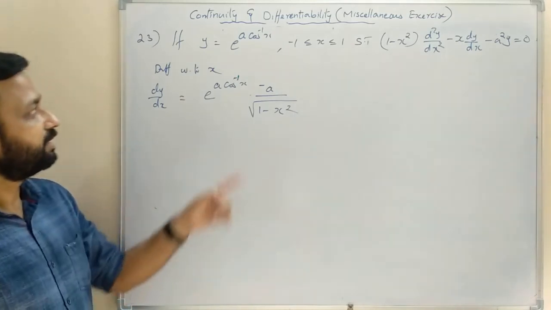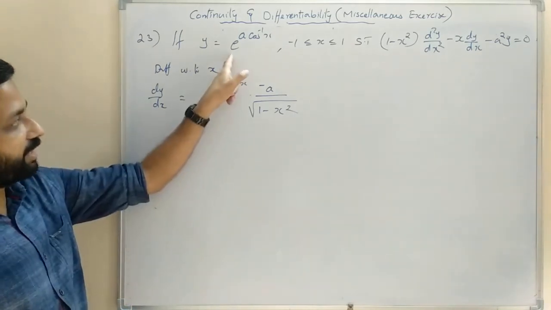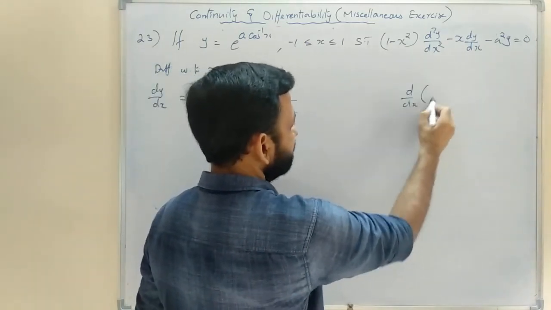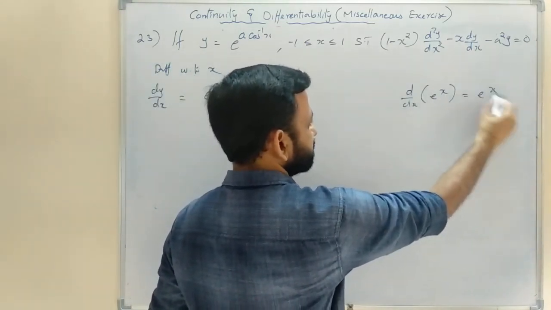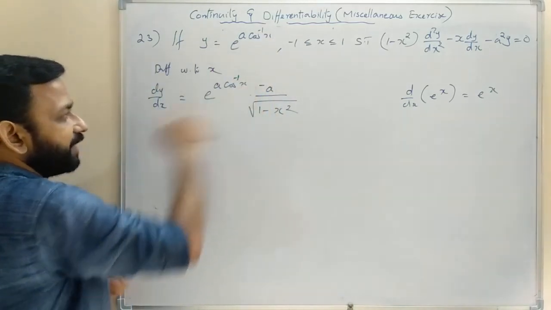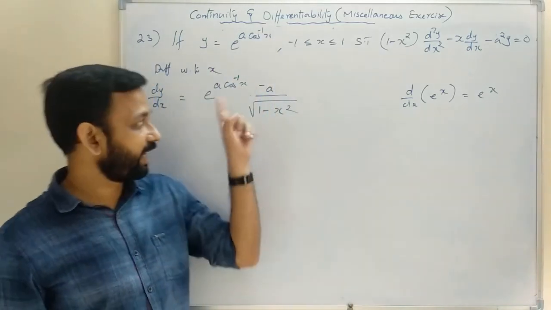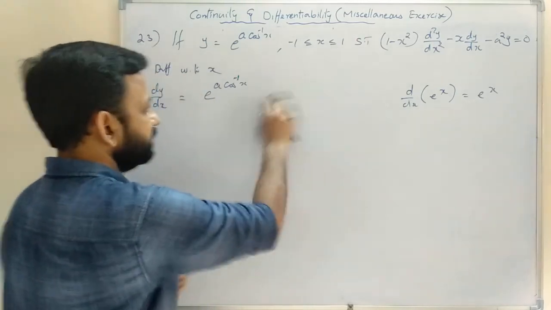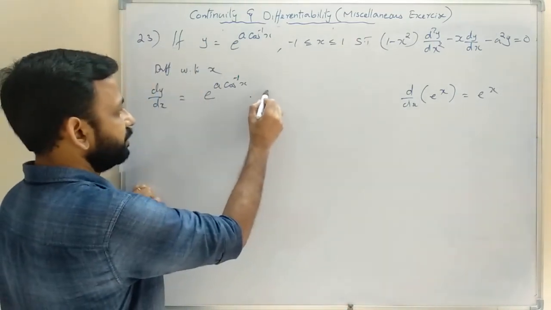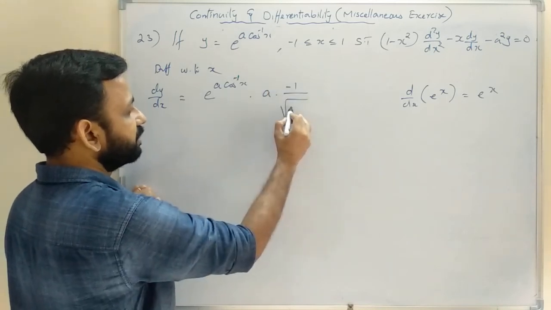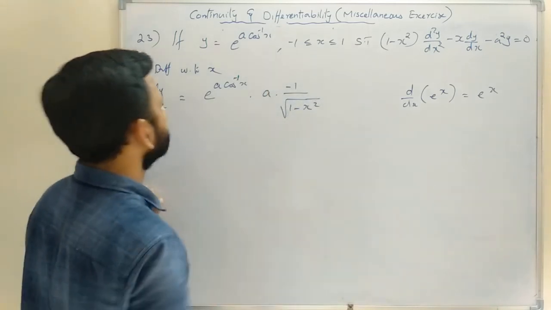So once again, dy by dx is equal to the derivative of e raised to x, which is e raised to x only. So e raised to a cos inverse x into the derivative of a cos inverse x, that is a into minus 1 upon under root 1 minus x square.